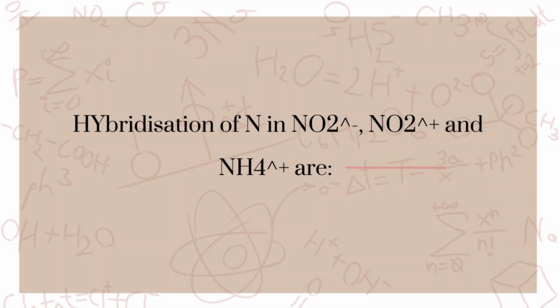The next question says that the hybridization of nitrogen in NO2 minus, NO2 plus and NH4 plus are. Okay? So let's just do the question. NO2 minus, right? So what should be the hybridization?